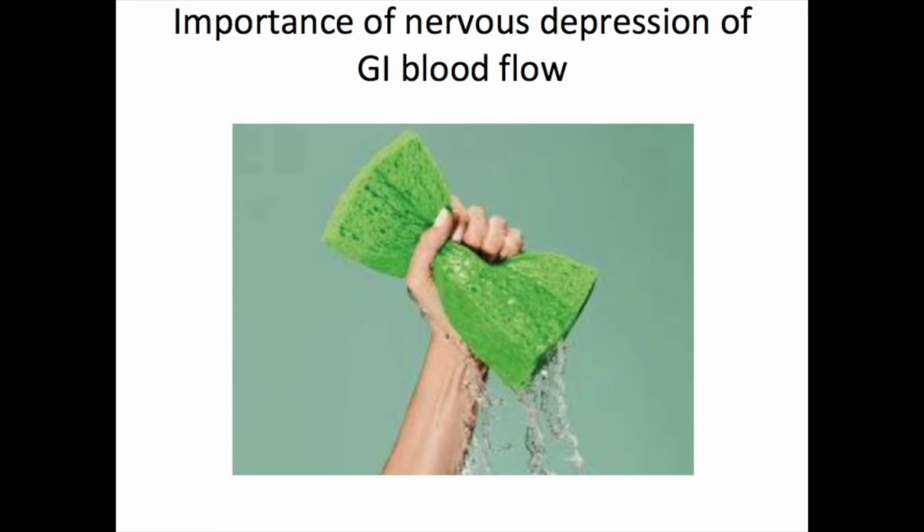This vasoconstriction allows the shut off of gastrointestinal blood flow for a short time when other parts of the body need extra blood flow. In dire situations, like in case of hemorrhagic shock, constriction of large volume gastrointestinal veins displaces a large amount of blood into other parts of the circulation.